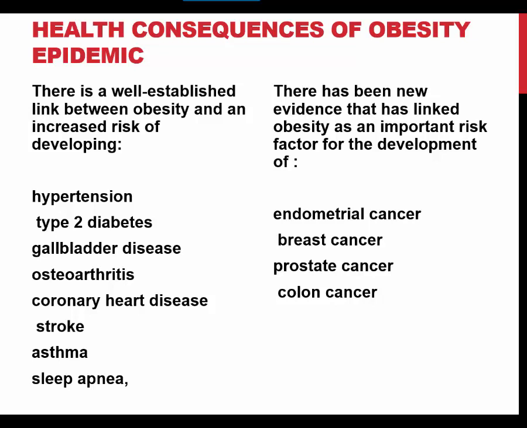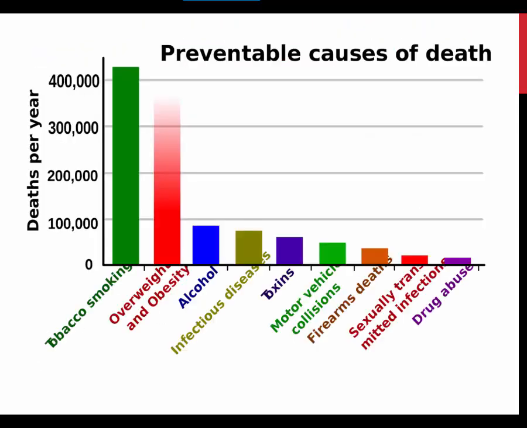There's been more recent evidence that suggests that obesity can be a factor for a variety of cancers. And for this reason, behind tobacco smoking, we do consider being overweight and obese as the second most preventable cause of death in this country.